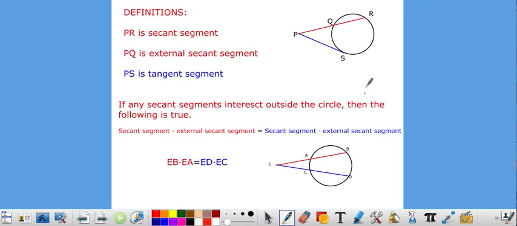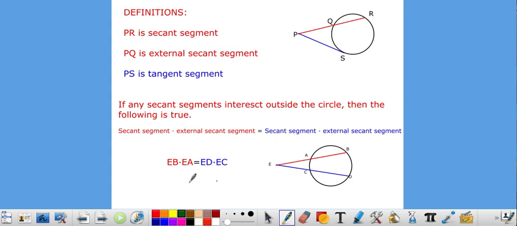Here's rule number 2/3. If you have a secant segment, a line that goes outside of a circle, that also gets broken up into 2 chunks. So this red secant segment is broken up into chunks BA and EA, and the blue segment is broken up into chunks CD and EC.